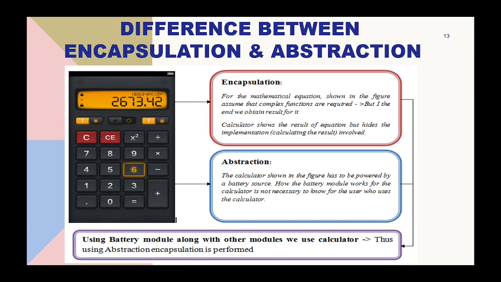So that is a part of abstraction. But we can also see the calculation is being made in this calculator by clicking the different buttons. So the logic behind the calculation is considered as encapsulation. So in short, encapsulation is far different from abstraction.